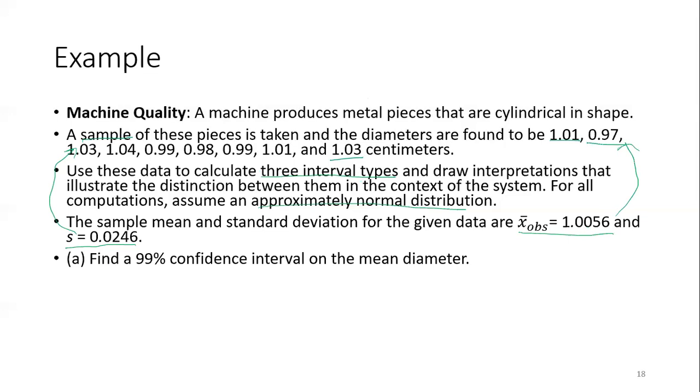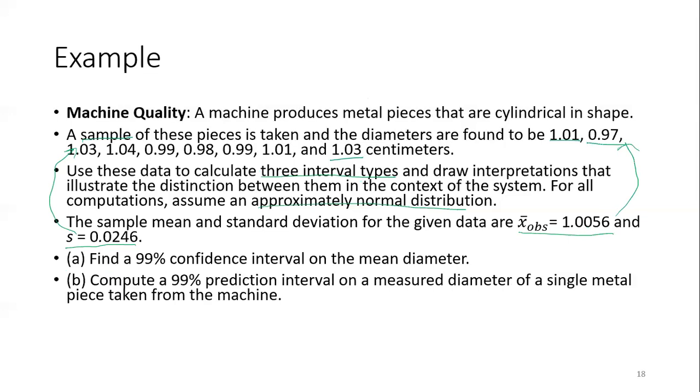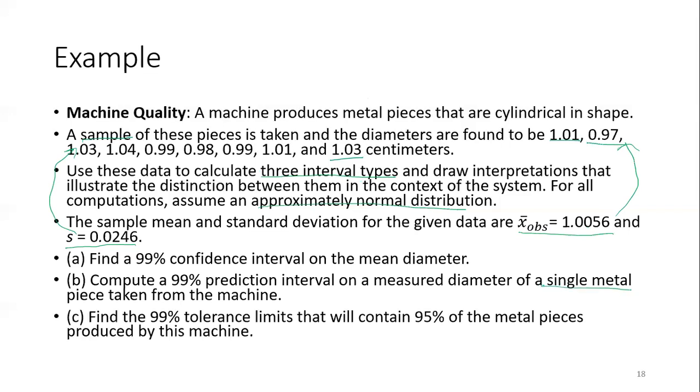Now, first find the 99% confidence interval on the mean diameter, then find the 99% prediction interval on the measured diameter of a single metal piece, and then find the 99% tolerance limits, remember, this 99 means that gamma is equal to 0.01, that will contain 95% of metal pieces, where 0.05 is the alpha.